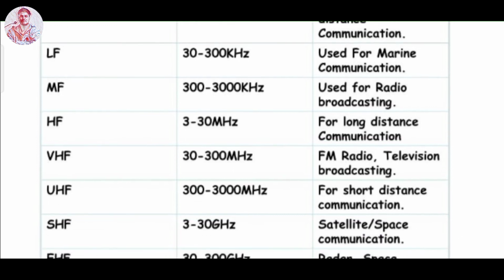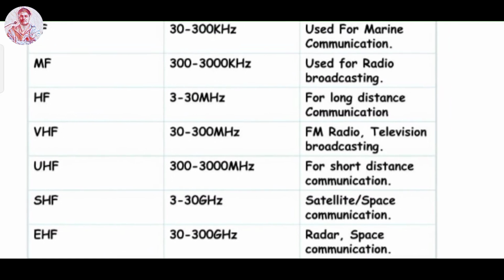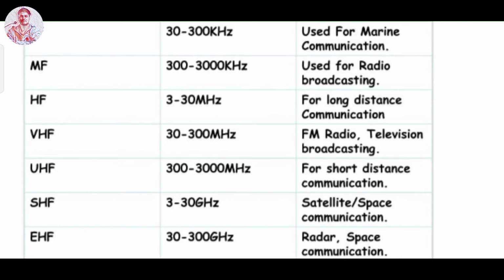The super high frequency band ranges from 3 to 30 GHz, used in satellite and space communication. And the extra high frequency band ranges from 30 to 300 GHz, used in radars, space communication, long distance and navigation systems.